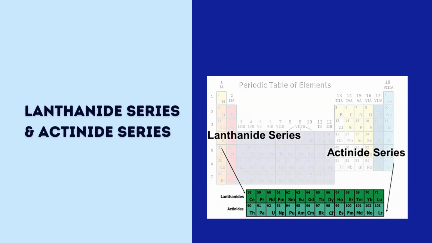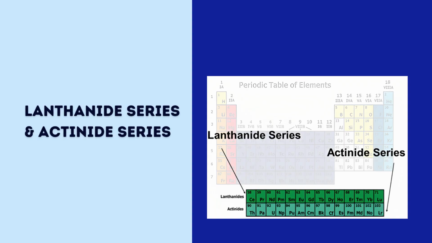The lanthanide series and actinide series are two sets of elements in the periodic table. The lanthanide series consists of 15 elements, with atomic numbers ranging from 57 to 71. These elements are also known as rare earth elements and have similar chemical properties, making them difficult to separate from each other.